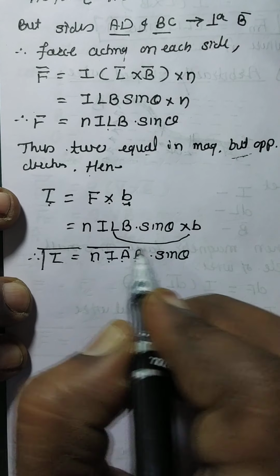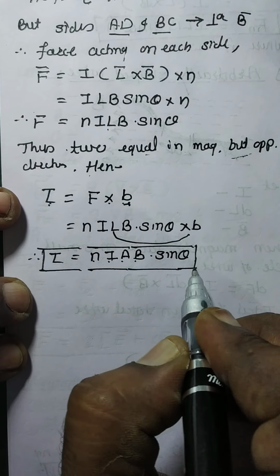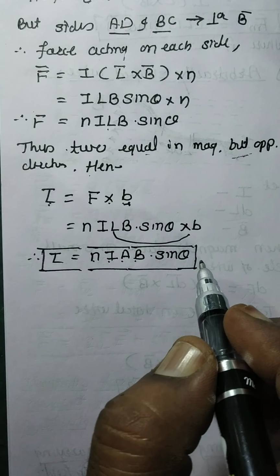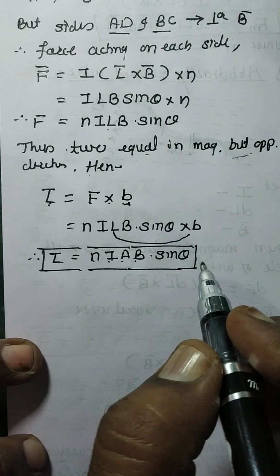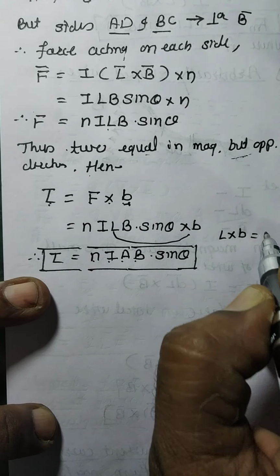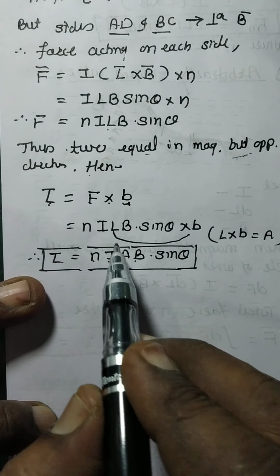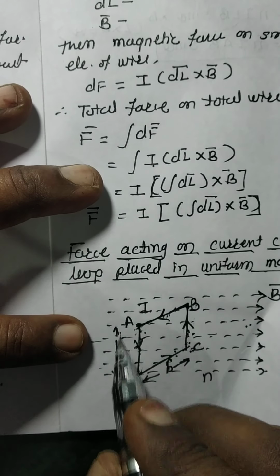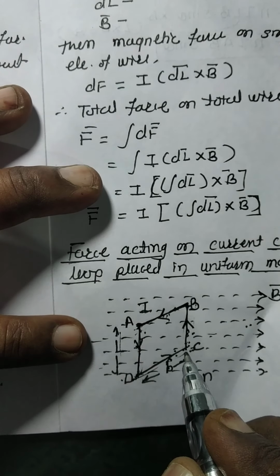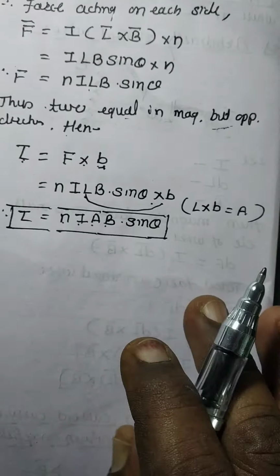This is an expression of torque acting on current carrying loop placed in uniform magnetic field, where L into B, length into breadth, is nothing but area of coil.